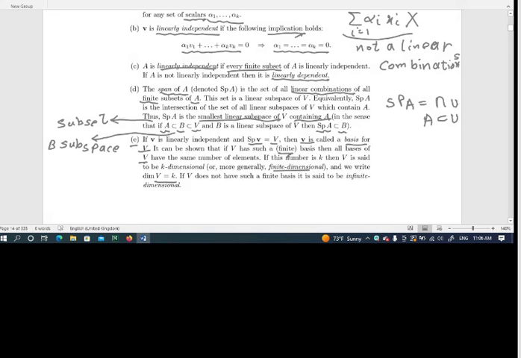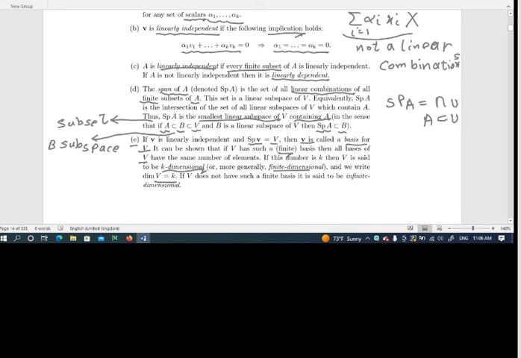This unique number is called the dimension of V. So we say that V is k-dimensional, or finite dimensional with dimension k, if there is a basis of k elements.